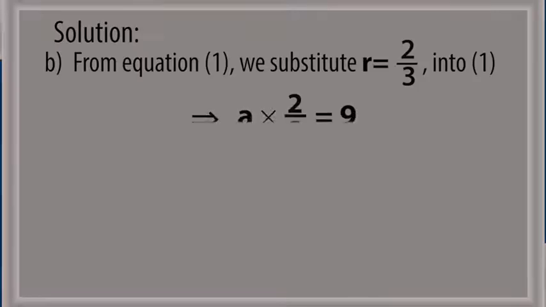Now, we are asked to find the first term. Now we've got the common ratio 2 over 3. So let's substitute 2 over 3 into equation 1. And that will give us a times 2 over 3 is equal to 9. What shall we do?